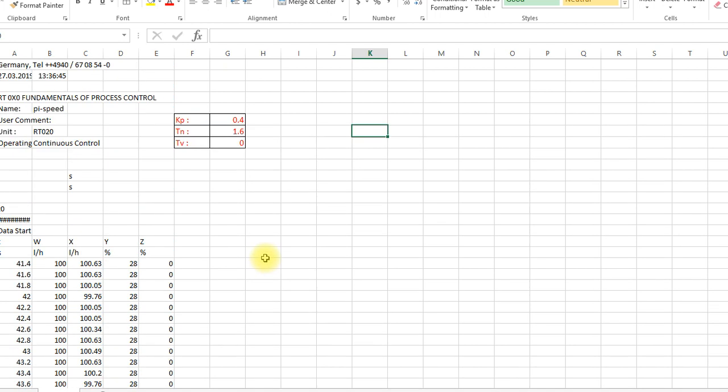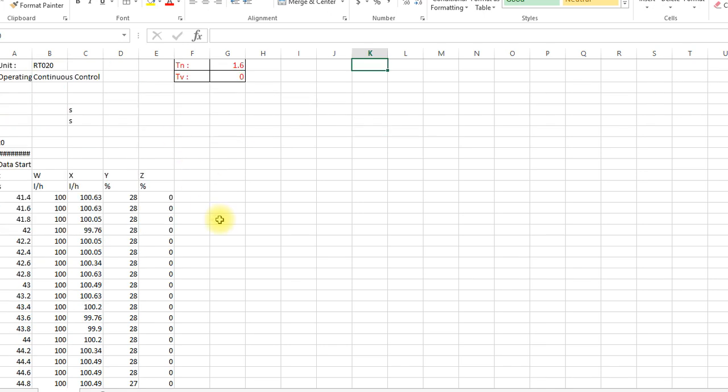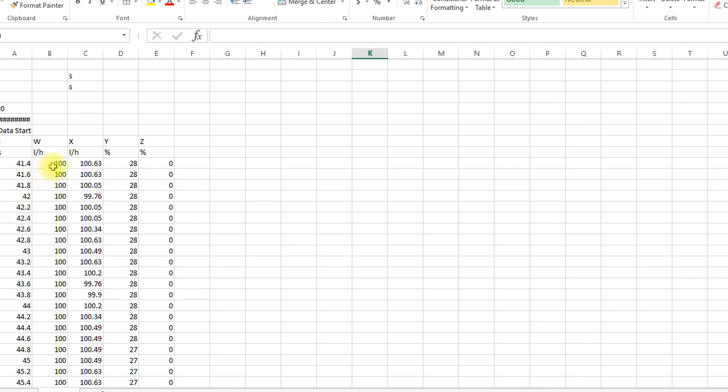here we have data for the TL method. So you can see that tau I is 1.6, which is a little bit higher than ZN. We'll see that. Okay, so Kp is this and tau I is this. So you can see this is the data, time, this set point.